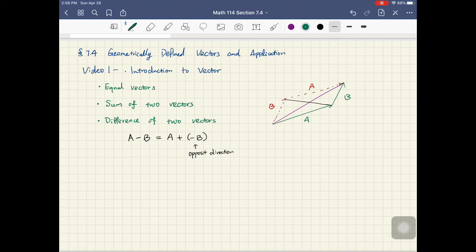So if I have vector A, I'm going to add the opposite direction of vector B. The opposite direction of vector B has the same magnitude, same length, but a different direction.